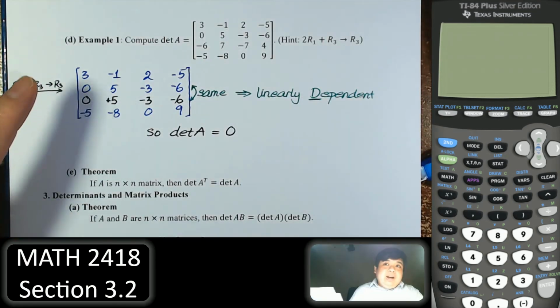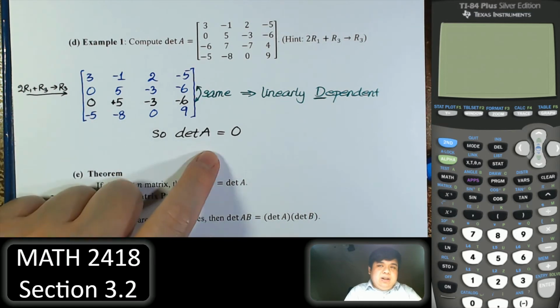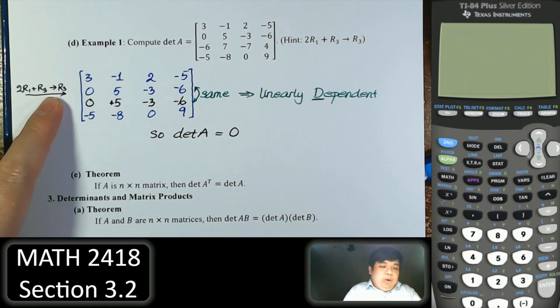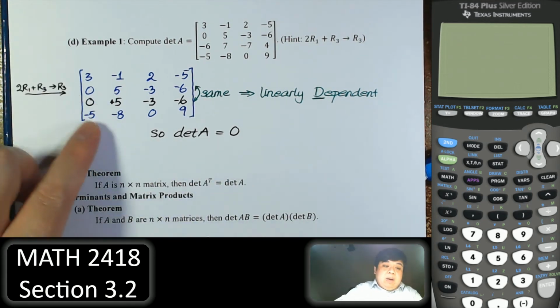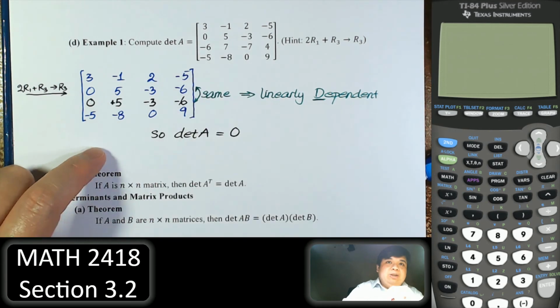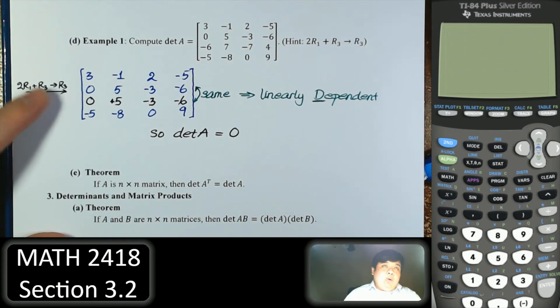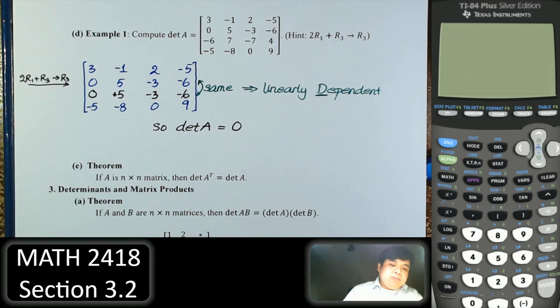So that's the only operation that will not change the determinant. So when we do this, determinant is still unchanged, but equal to 0. So determinant of this matrix is equal to 0, and so is the determinant of that matrix, because this row operation does not change anything. The other row operations will change the determinant. This one does not. Right.